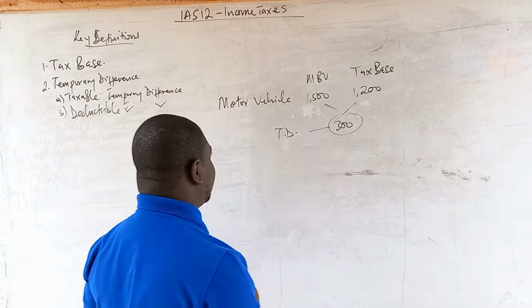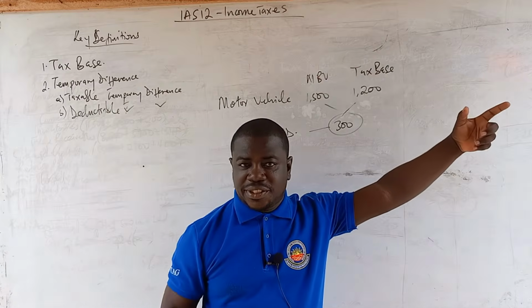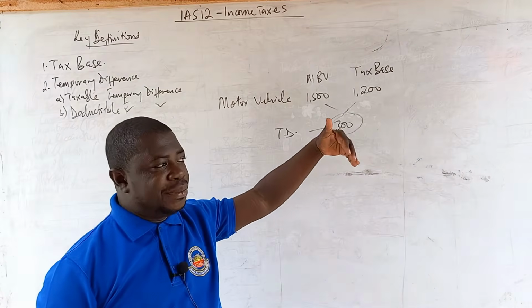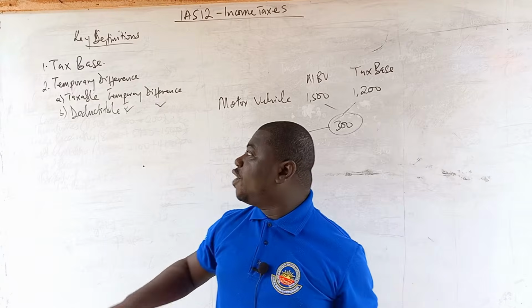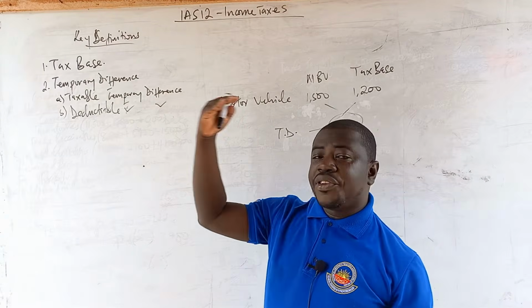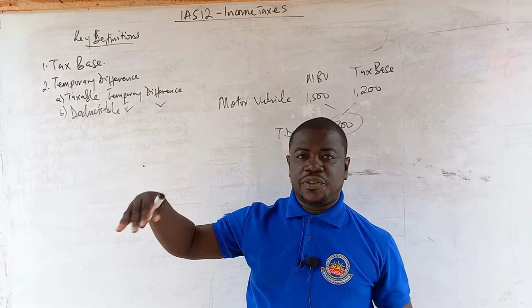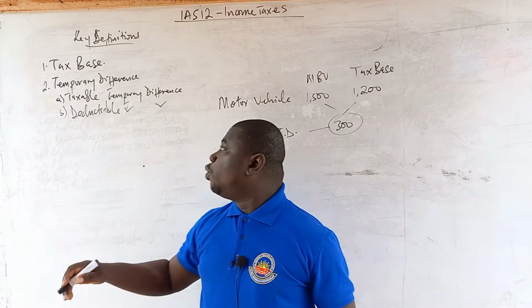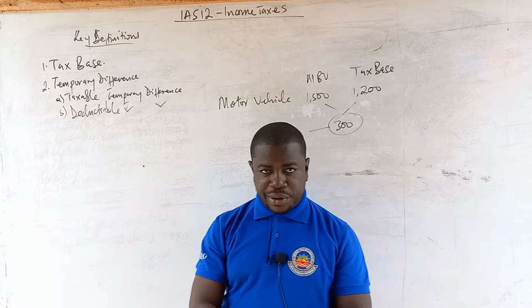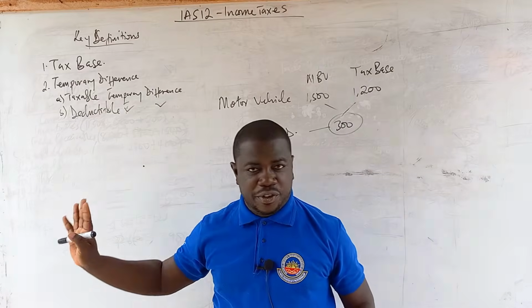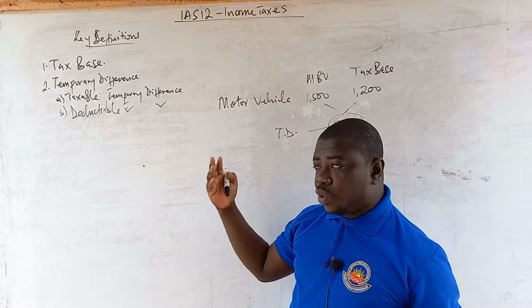Okay, so if there is a temporary difference that will create a tax for us in the future, then it means it's a taxable temporary difference. And if there is a temporary difference that is also going to create a deductible amount for estimating tax in the near future, we call that a deductible temporary difference. So let us just play with them for now. They are not so much important, even though they are important.